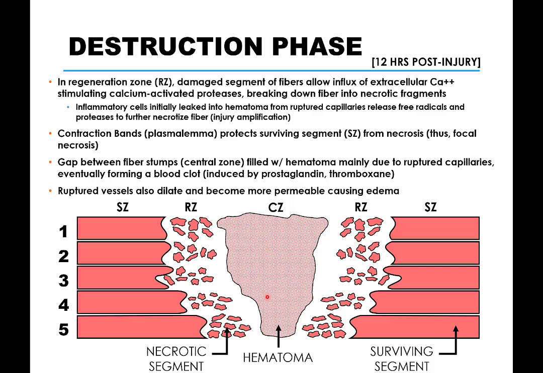This would aid in minimizing hematoma formation and area in between the surviving zones, the central zone. This is alluding to the fact that the closer these surviving zones are to one another, the better quality healing we can achieve. Let's think about this in the context of a skin laceration.